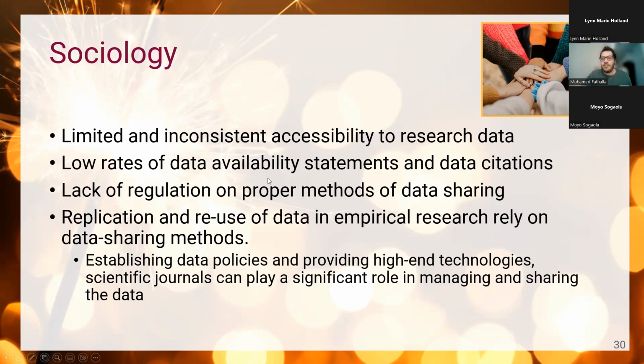There are low rates of data availability statements and data citations, and a lack of regulation on proper methods of data sharing, replication and reuse of data in empirical research. These rely on data sharing methods, establishing data policies and providing high-end technologies. Scientific journals can play a significant role in managing and sharing the data.